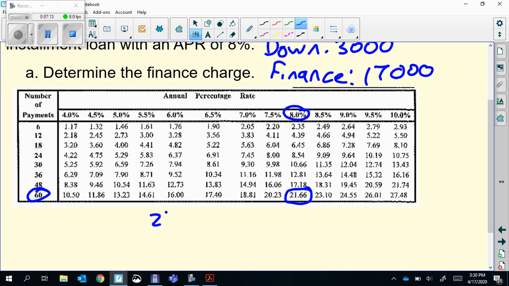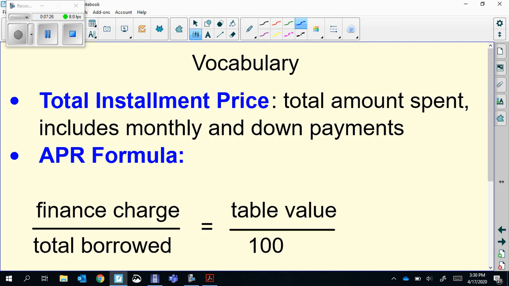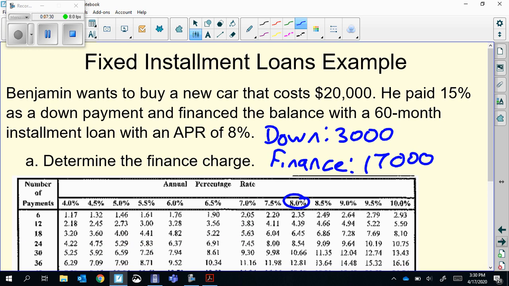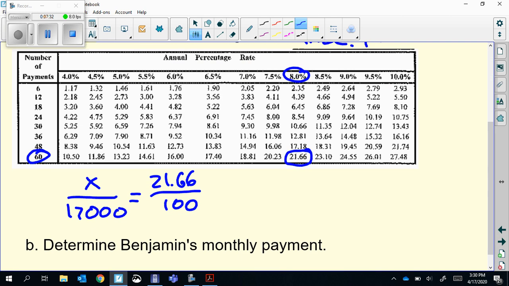And then we do table value over 100 equals the finance charge over the amount. And again, that's just from our formula. Table value over 100, finance charge over the borrowed amount. Now we will cross multiply. Now 100 times x, we're going to end up dividing by 100.